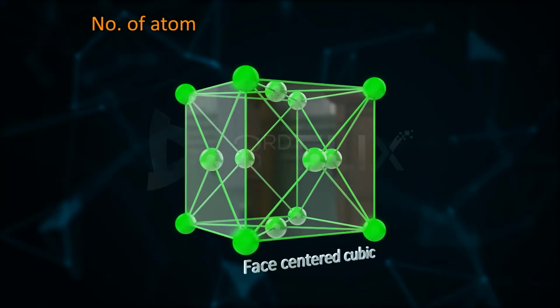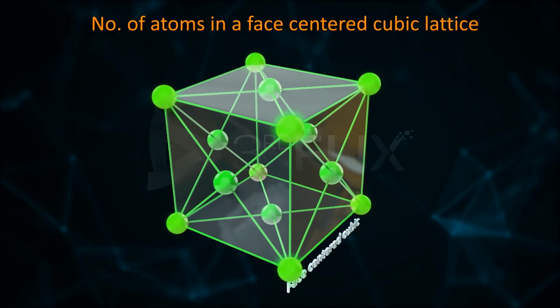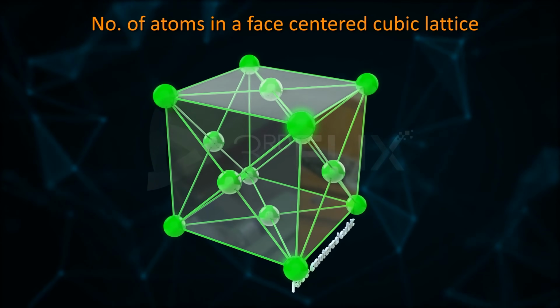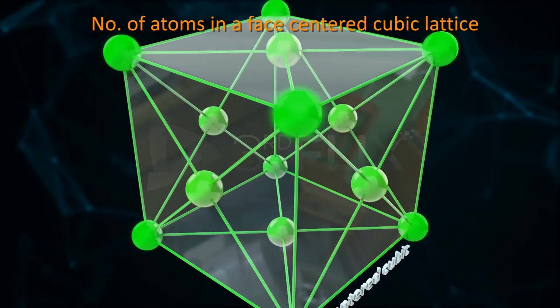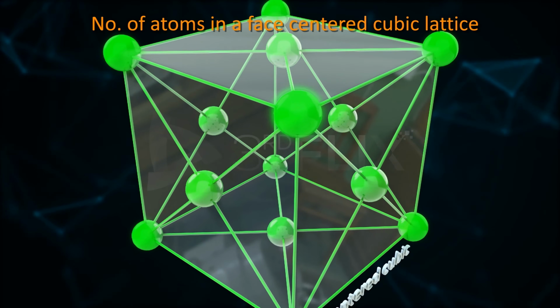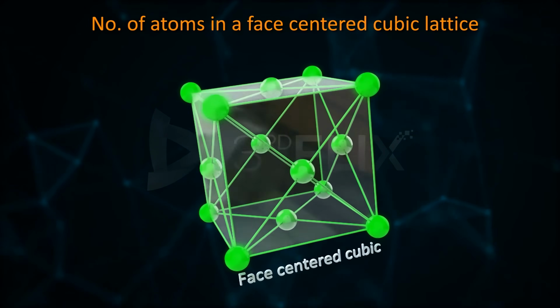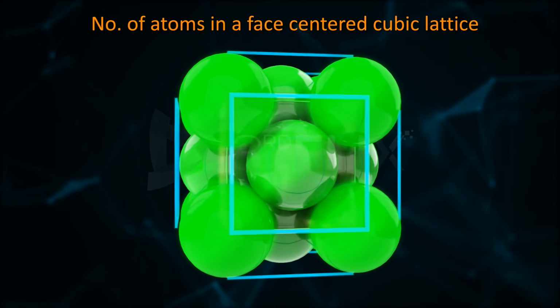Now, let's look at a face-centered cubic lattice. Here, there are 8 atoms at each corner. Other than the 8 corner atoms, there are 6 more atoms at the 6 faces of the cubical cell. The atoms touch along the diagonals, and each one of them touches the 4 atoms at the corners.